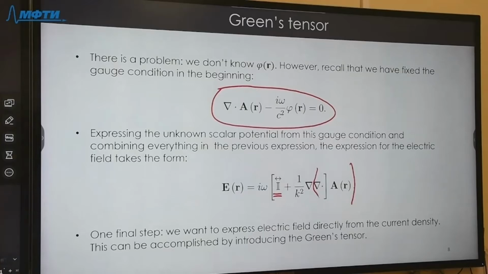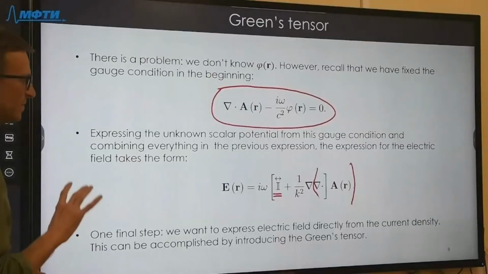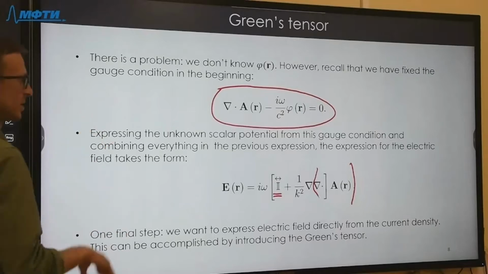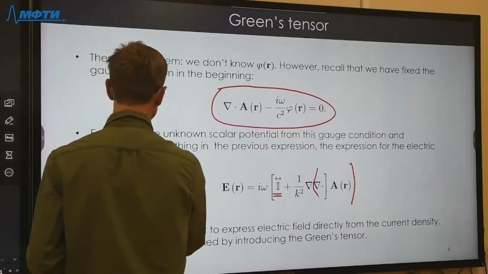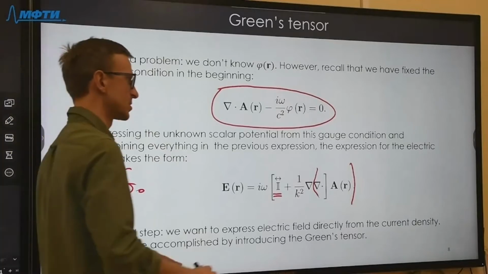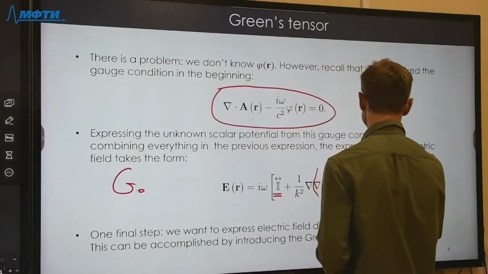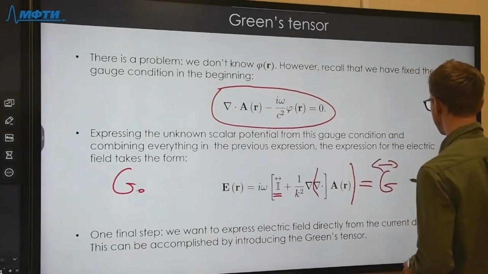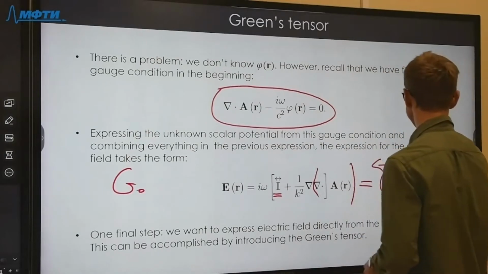But now we can make one final step, just one cosmetic step that will allow us to write the answer in a more compact and more universal form. So what I'm talking about is that I want to introduce not only the Green's scalar function, G0, I want to introduce a Green's tensor that will allow us to express the electric field through the current directly.